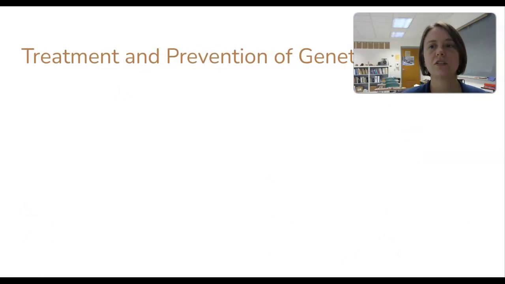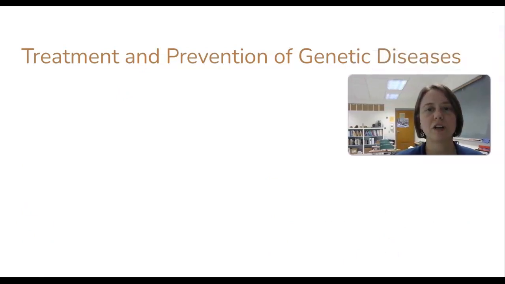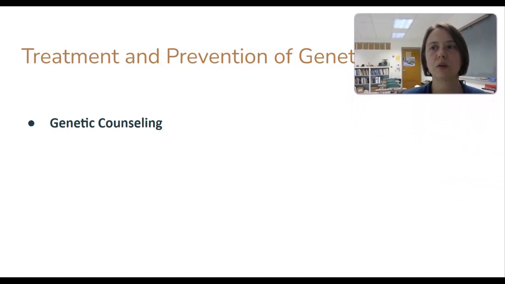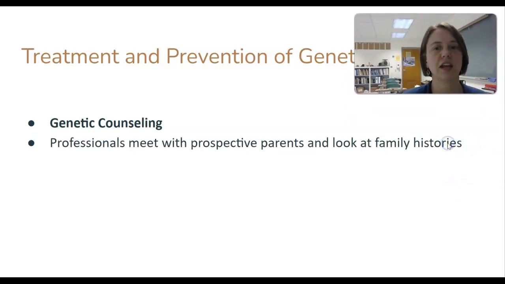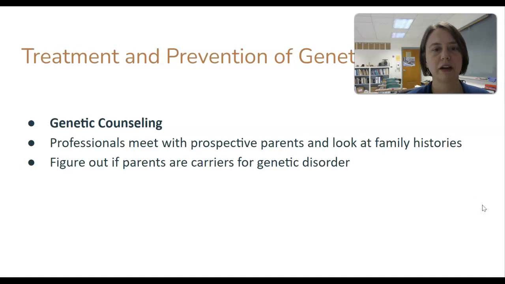So you are going to be telling us about genetic diseases, and while you're busy doing that, let's jump ahead to the treatment and prevention of genetic diseases. One way to prevent genetic diseases is genetic counseling. With this, prospective parents meet with a professional and they look at the family histories of both parents.